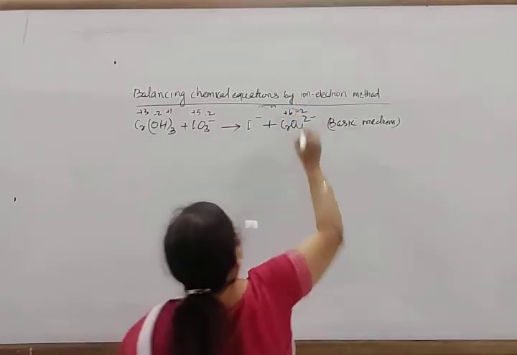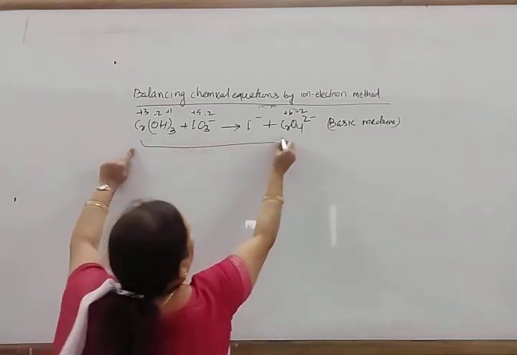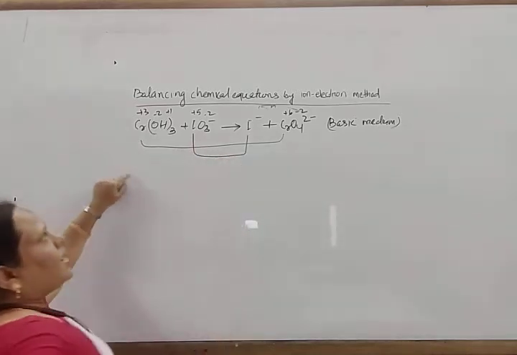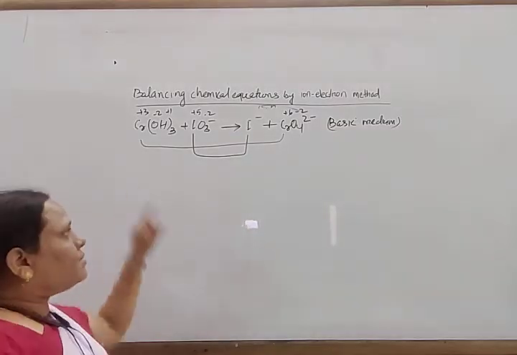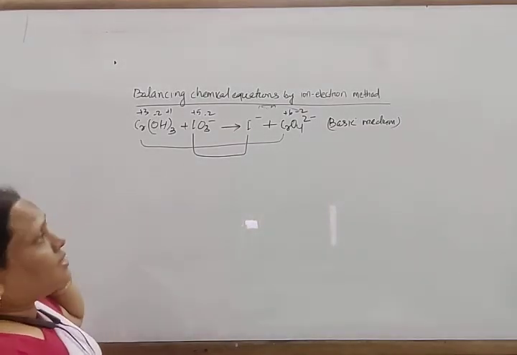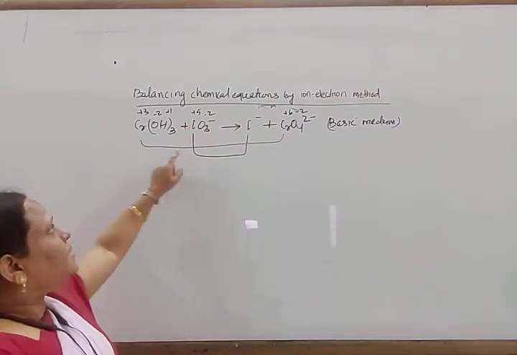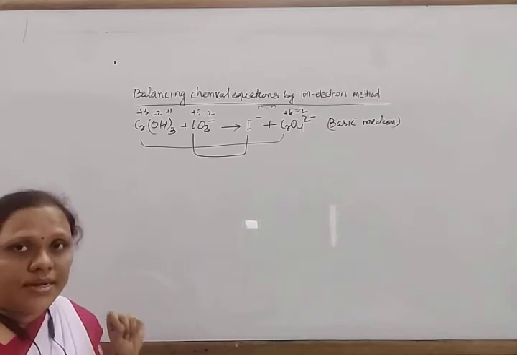So in this case chromium changes from plus 3 to plus 6, and iodine changes from plus 5 to I minus. In one case oxidation takes place, plus 3 to plus 6, with loss of electrons, and plus 5 to I minus, where gain of electrons takes place.